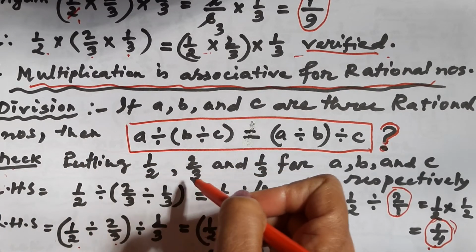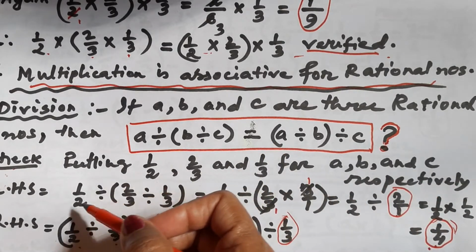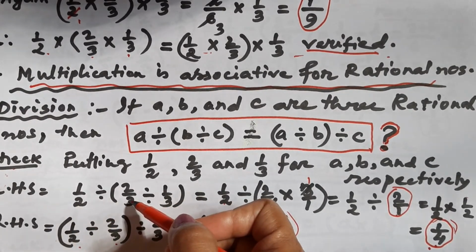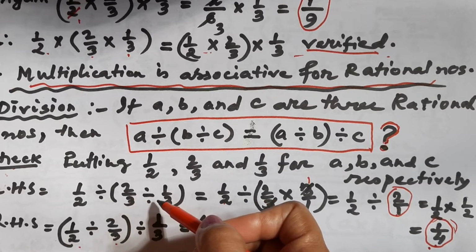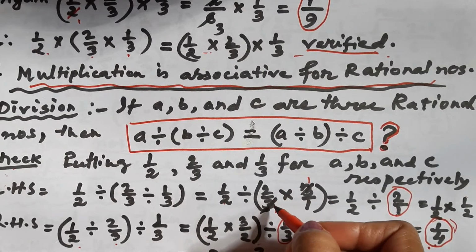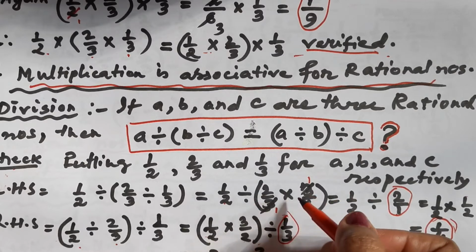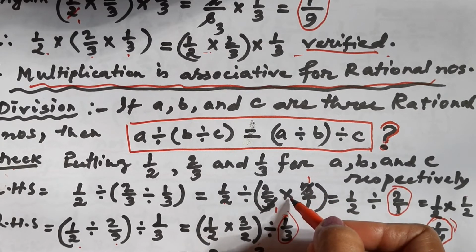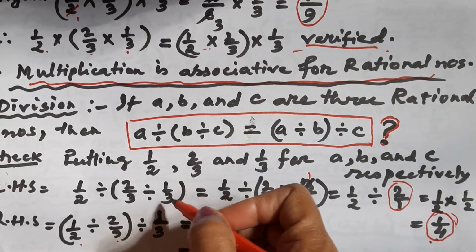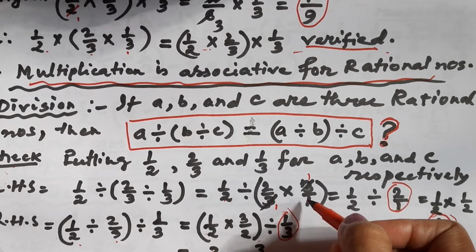Let us put 1/2, 2/3 and 1/3 for A, B, C respectively. Therefore, LHS will be 1/2 divided by (2/3 divided by 1/3). It will be equal to 1/2 divided by (2/3 into 3 by 1). Here we have changed the division sign into multiplication sign and replaced the denominator and numerator of the second number, that is 1 by 3 to 3 by 1, according to the division rule.